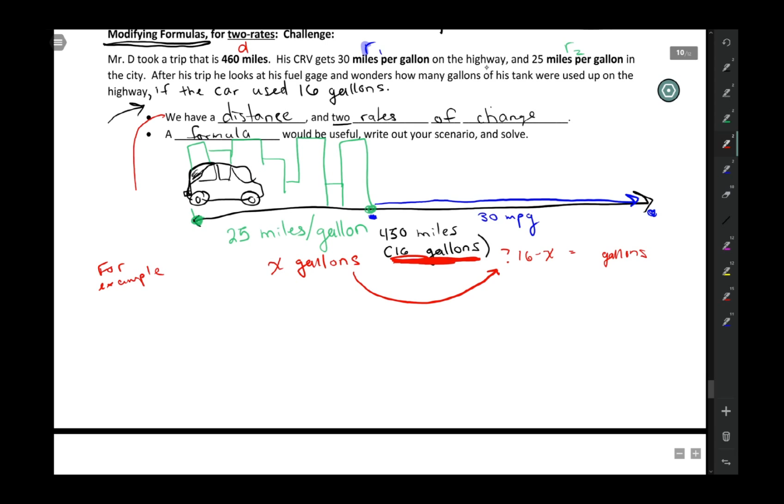Well, we have a distance, so write down part of your formula. 460 miles equals. Our first rate is 25 miles, and we used x gallons in the city.